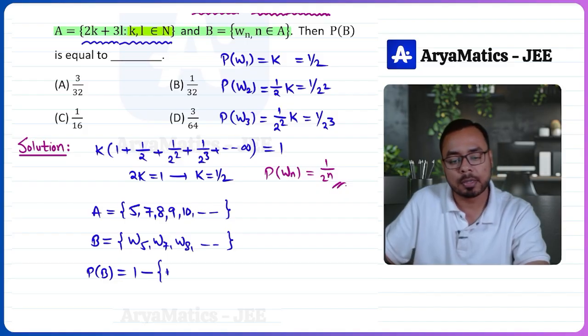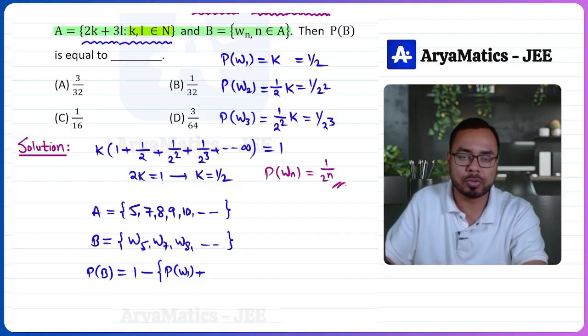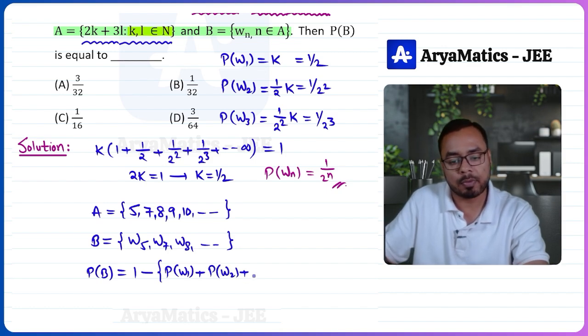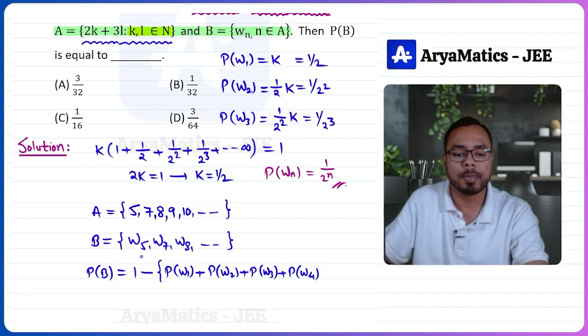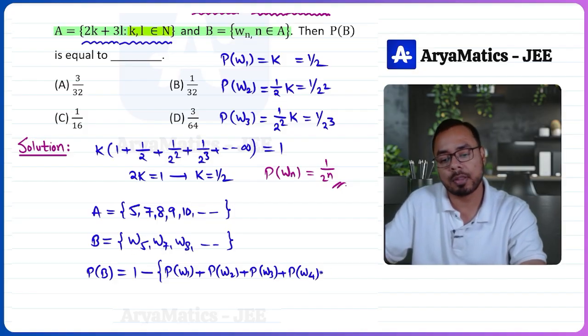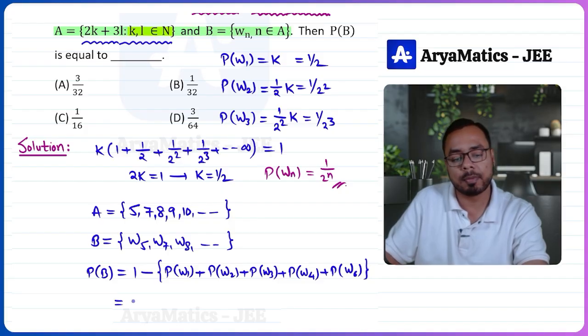Those 4 terms, 1, 2, 3, 4, are missing, and then 6 is missing. So probability of event B will be 1 minus probability of omega 1 plus probability of omega 2 plus probability of omega 3 plus probability of omega 4. 5 is there, and starting from 7 up to infinity we have all the terms, but the term 6 is missing, so plus probability of omega 6. So this should be the probability of event B.